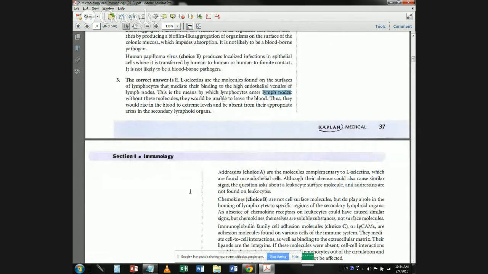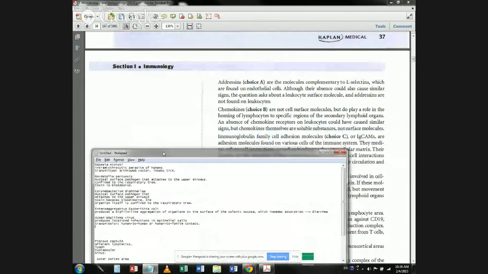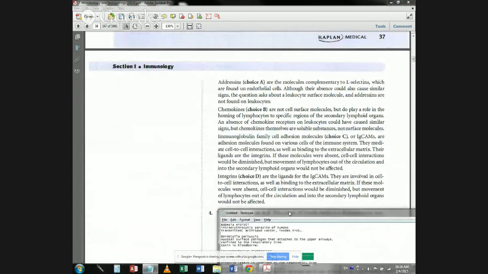Addressins are the molecules complementary to L-selectins, which are found on endothelial cells. Right, I agree. Although their absence could also cause similar signs, the question asked about the leukocyte surface molecule, and addressins are not found on leukocytes.